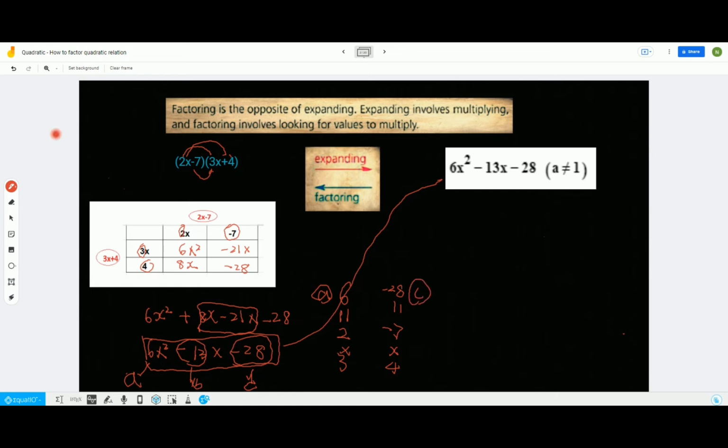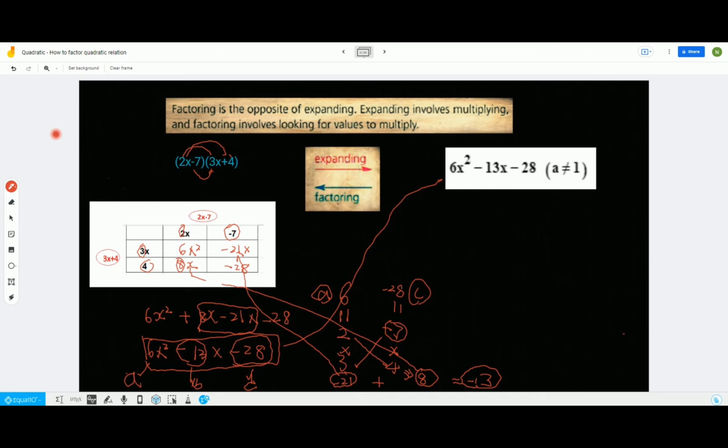Let's look at the cross multiplication. 2 times 4 equals 8, and on the diagonal, negative 7 times 3 equals negative 21. Look at this table: negative 21 is the x term coefficient and 8 is the other x term coefficient. If we add negative 21 and 8, we get negative 13.